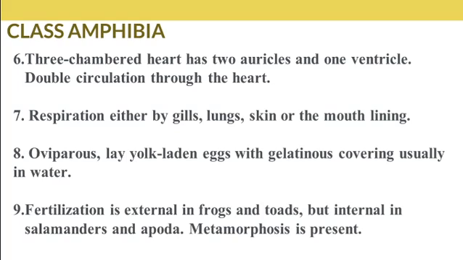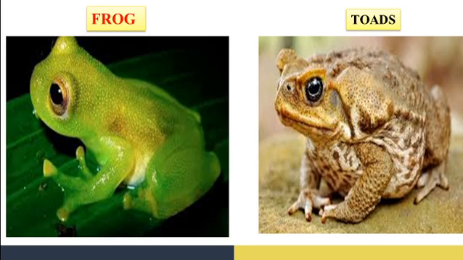That is called metamorphosis. Some examples of this class: frog, toads. Both animals look the same in manner, but some morphological characters are different, like the skin and the structure of the body.